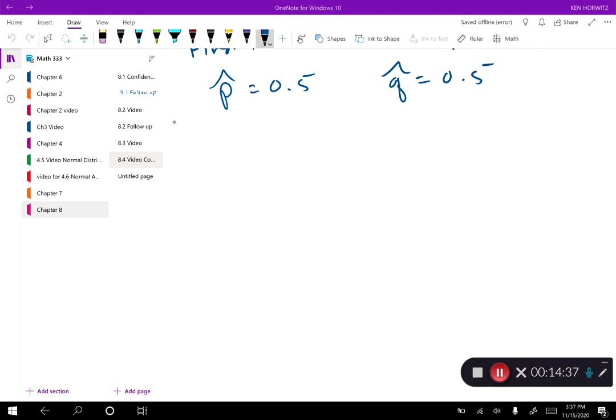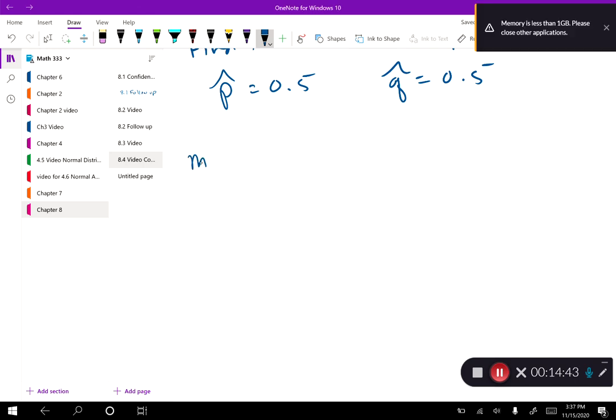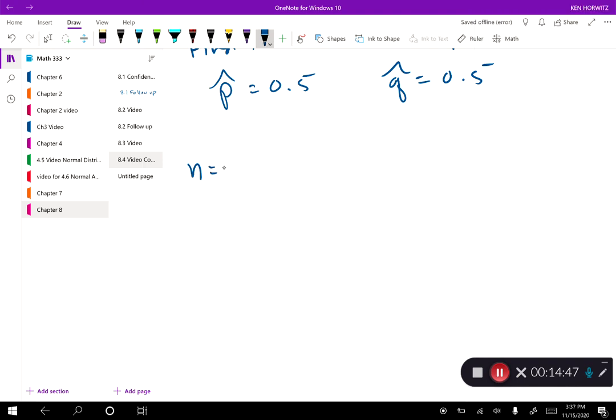Okay, so hopefully you did some algebra on that formula. I wound up with n equals p hat, q hat, z alpha divided by 2 over E, the whole thing squared. And you can use this. I mean, you don't have to redo the formula every time.